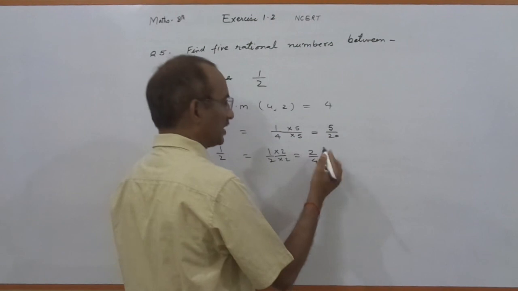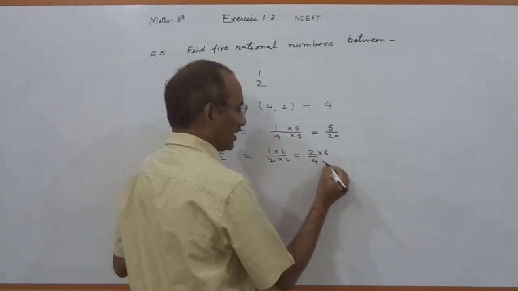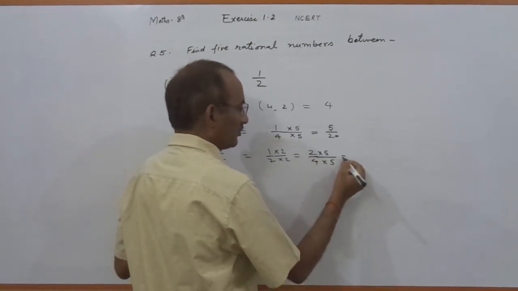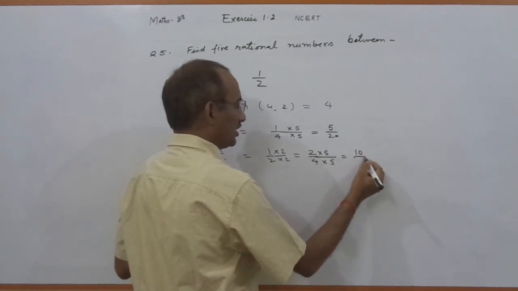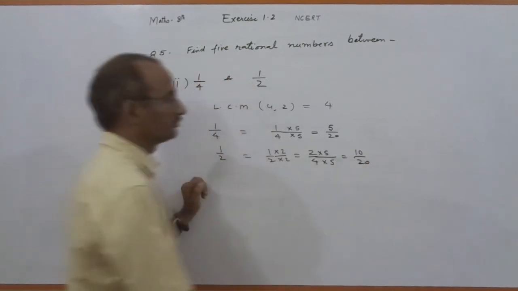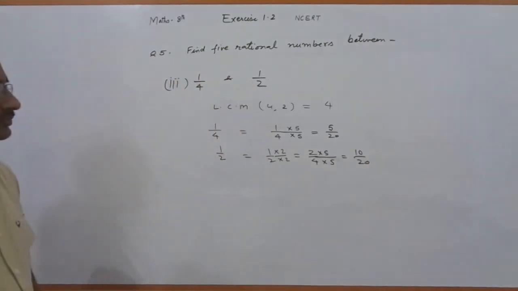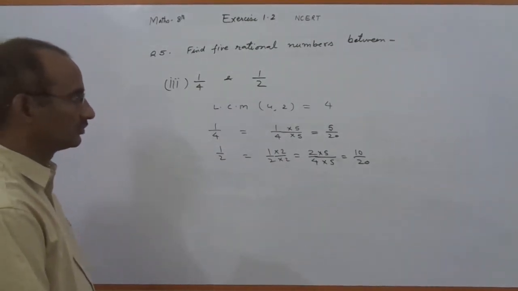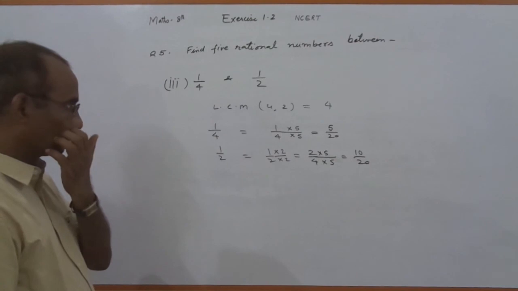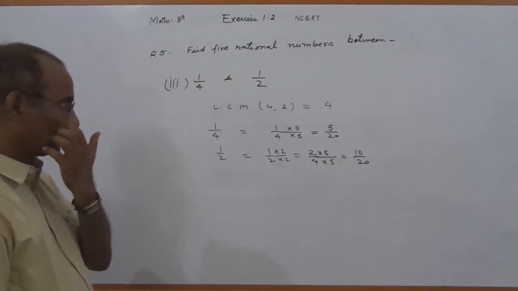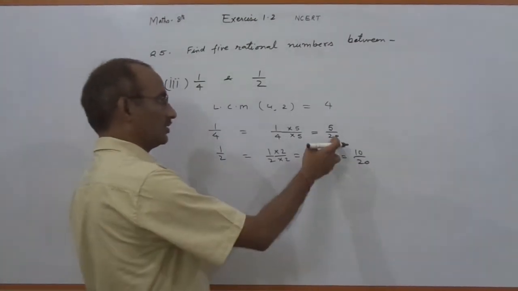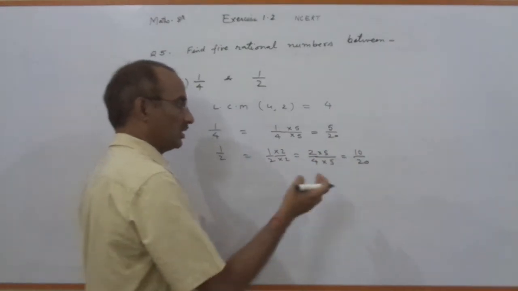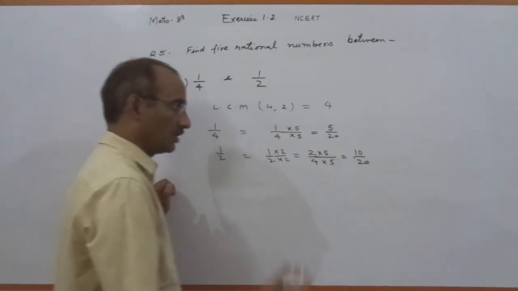And here we multiply with 5 upon 5, so we get 10 upon 20. So what do you get? 6 upon 20, 7 upon 20, 8 upon 20, 9 upon 20.